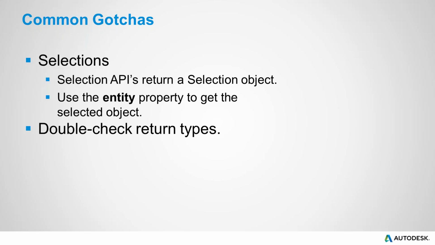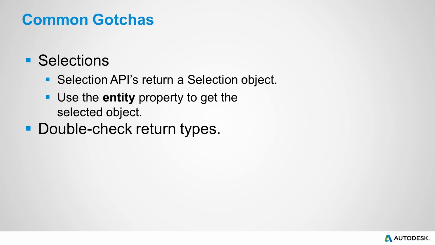And you want to double check what types are being returned by functions. So go to the help and just verify that. If you've got a function and you're getting something back and then it's failing after that, double check what you're getting back in the help or in the console window.